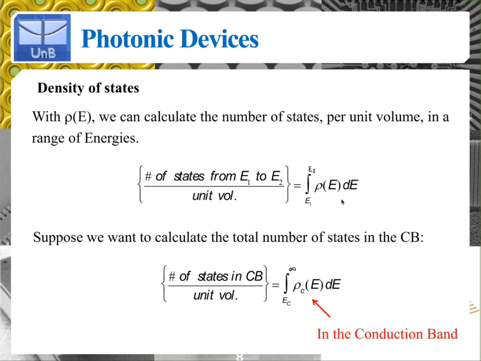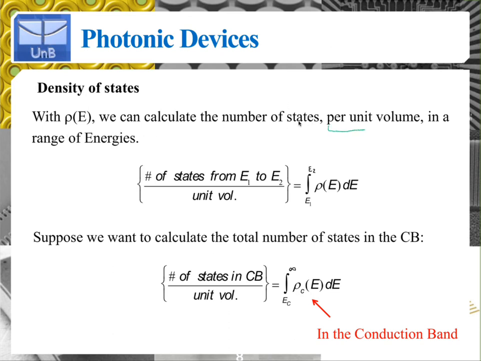Now we can use this density of states to calculate the actual number of states for any given range of energy values. Of course, it cannot be within the forbidden band, but within an allowed band. So with rho E, we can calculate the number of states per unit volume.